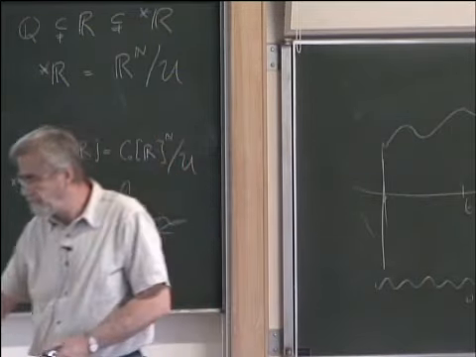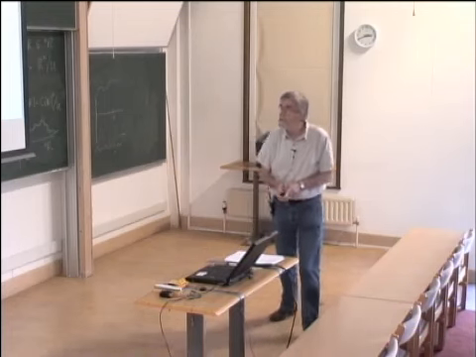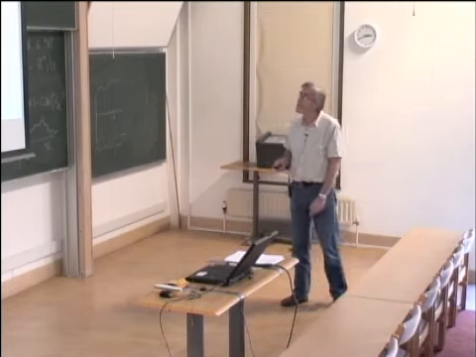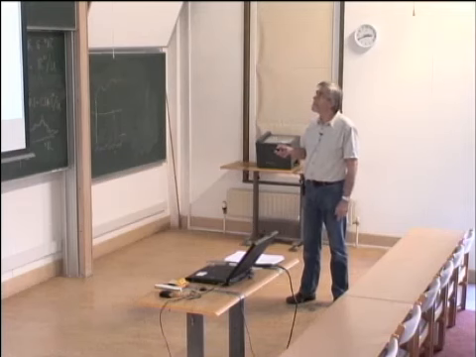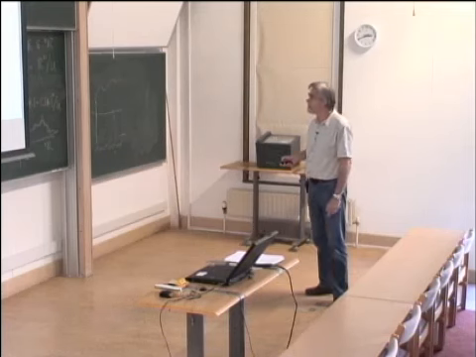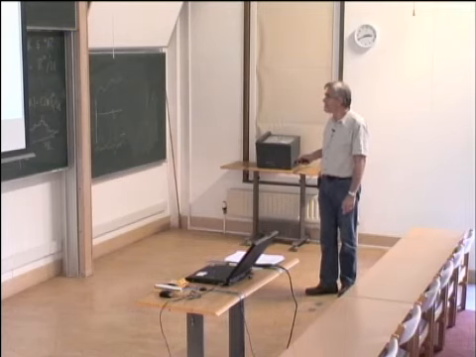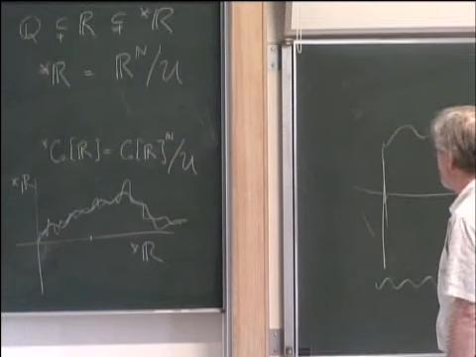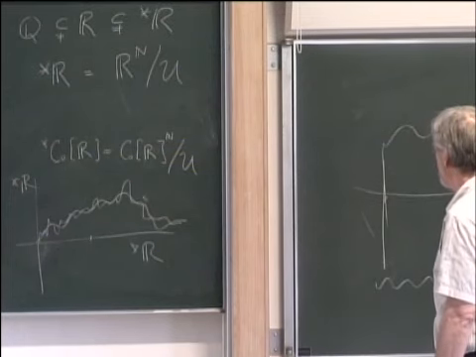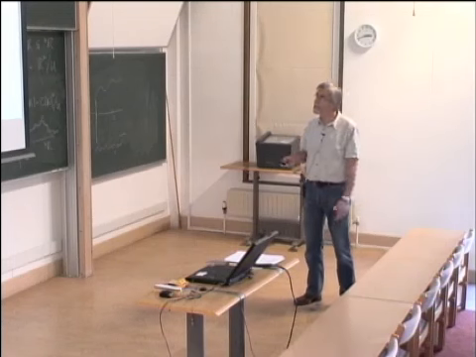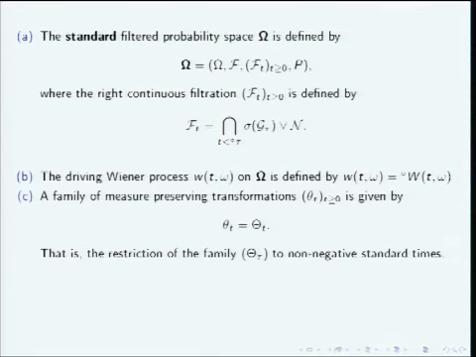That's Anderson's contribution to this whole thing very early on. So by taking what we call standard parts, we convert a non-standard continuous path into a standard one, and that gives a Wiener process. And the transformations that we're going to need are simply the restrictions to ordinary time of the ones that we had before. So there's nothing difficult there.